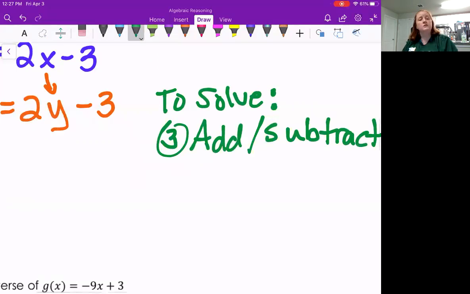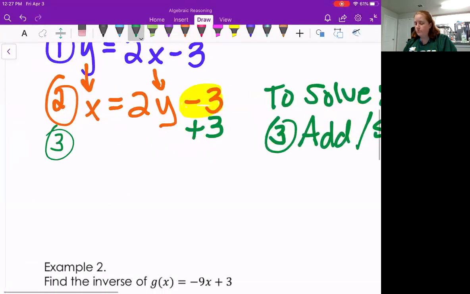And that something depends on what we have in our equation. Our new equation that we're looking at has a minus 3 or a subtract 3. So we need to do the opposite of a subtract 3, which is to add 3. And we're going to add 3 to both sides of this equation.